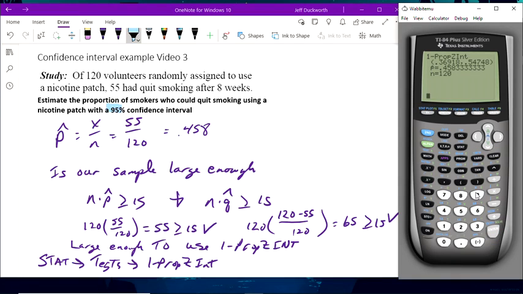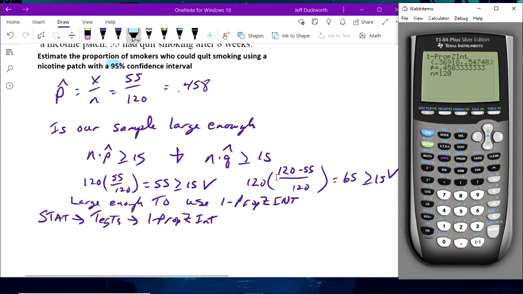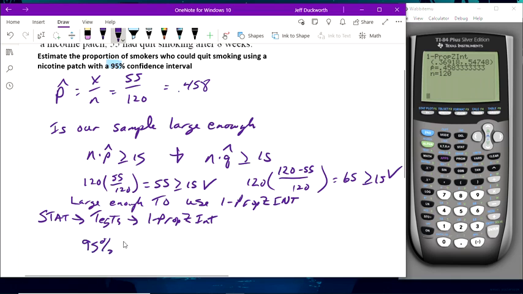So our confidence interval, and we'll give it 3 decimals here. The 95% confidence interval is 0.369. One after that doesn't let it go up.